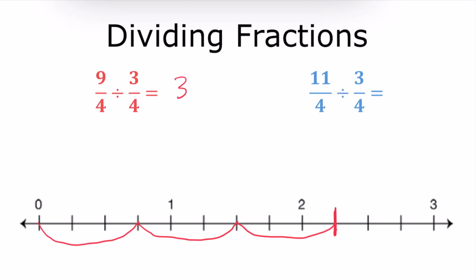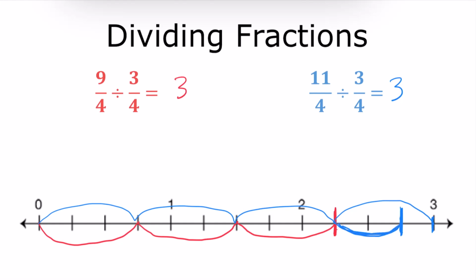Now, if I had 11/4 divided by 3/4, 11/4 is this unit right here. So I would still be able to fit 3 whole groups of 3/4. However, I would not be able to fit 4 because a 4th group of 3/4 would go to this mark, and I'm just at 11/4, not at the 12/4 mark. So I know that my answer is going to be 3 whole groups of 3/4, and then I need to figure out how much of a group of 3/4 this space is.